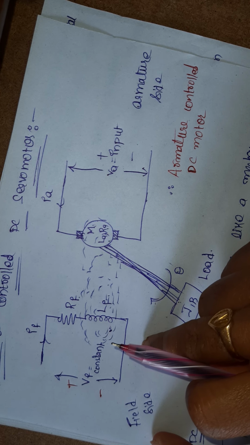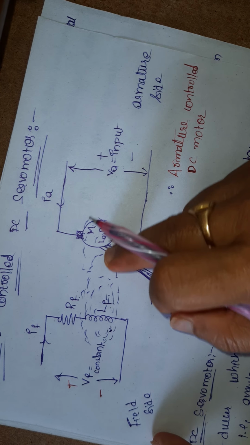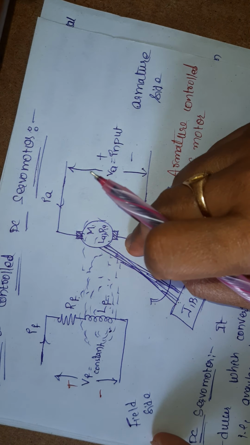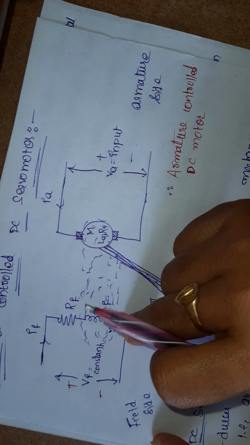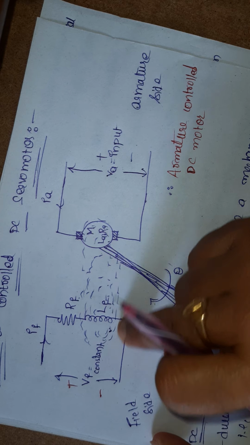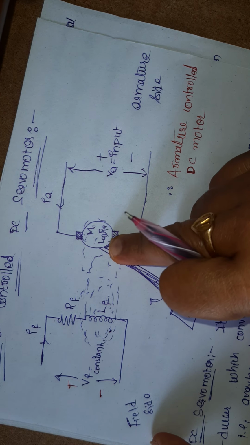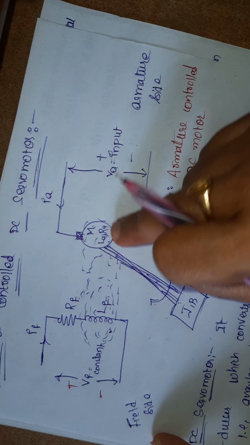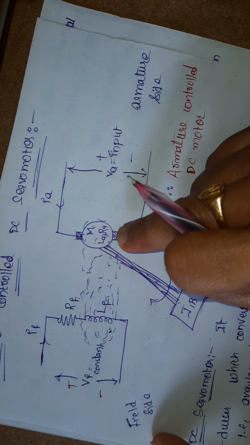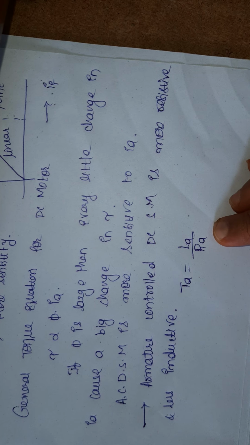I can say that the flux is always interacting with the motor and the current flowing through the armature side, and also the current IF, which is always constant because of this constant supply, is always in contact with this flux phi. So the armature side is more resistive and less inductive. So tau A is equal to LA by RA.